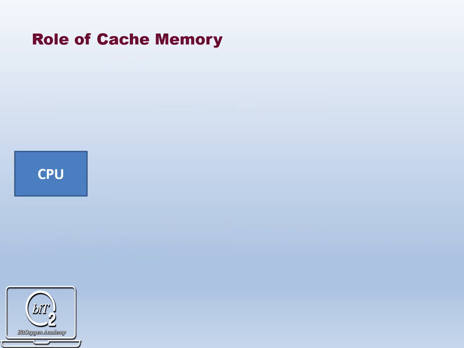It is used to speed up and synchronize with the high-speed CPU. Let's see one scenario to understand how cache memory works. In case RAM and cache memories are not available, then all software or programs needed by the CPU are installed in the hard disk, meaning secondary memory. As you all know, software is a collection of programs and a program is a collection of instructions.